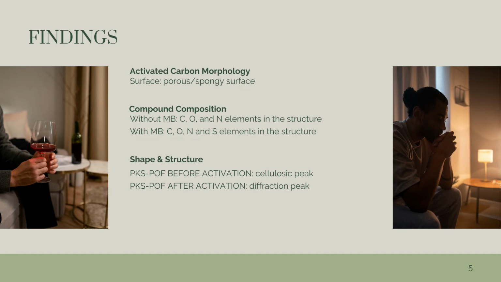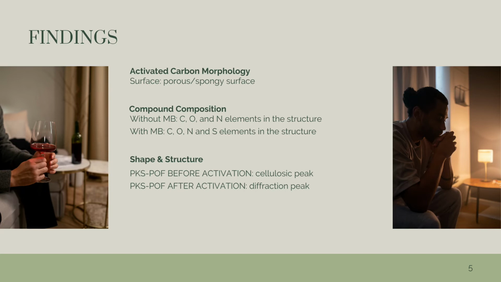After the MB adsorption, using EDX analysis, it can be confirmed that the adsorption process happened, with the presence of S on the surface of the PKS and POF activated carbon. The S element actually comes from the molecular structure of MB dye.